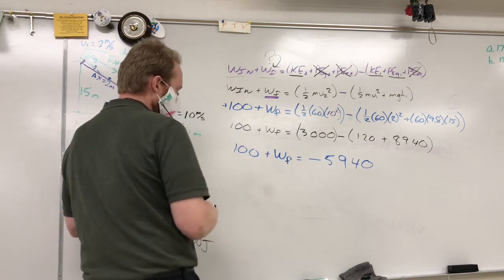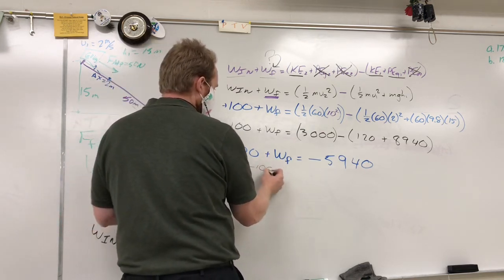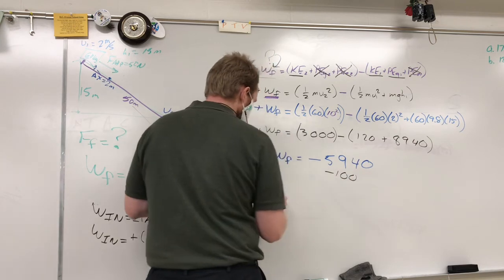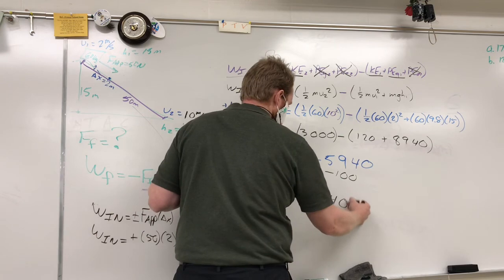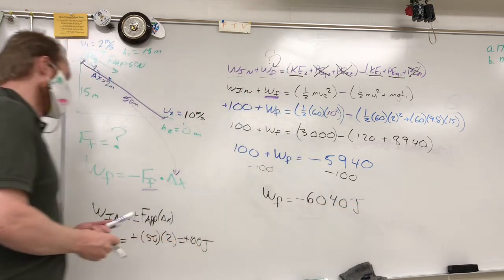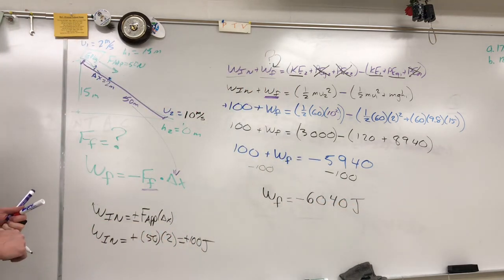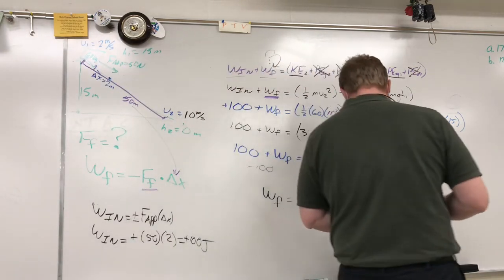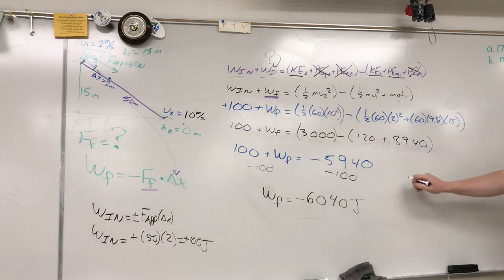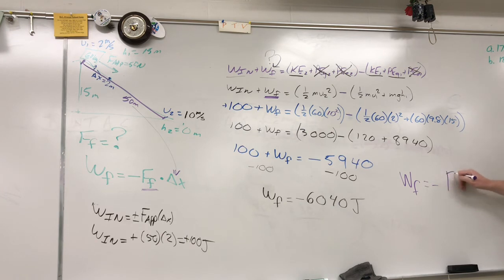I want to get that by itself, so I'm going to have to subtract 100 from both sides. The work done by friction is equal to negative 6,040 joules. Last step of that problem, it's asking for the force of friction. So we're going to plug that number into our work done by friction equation.